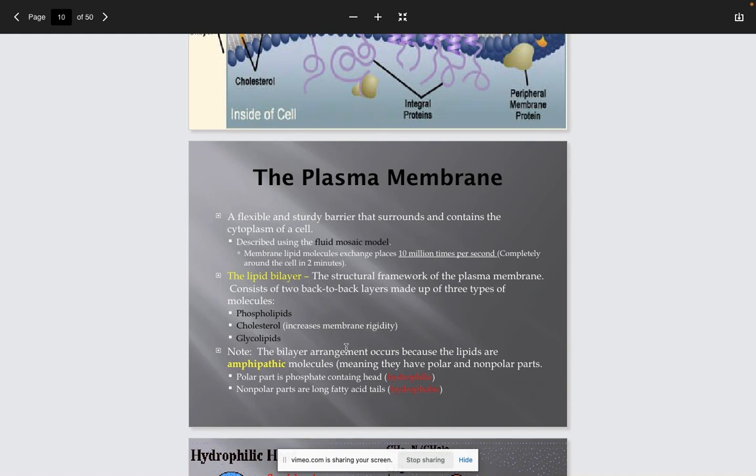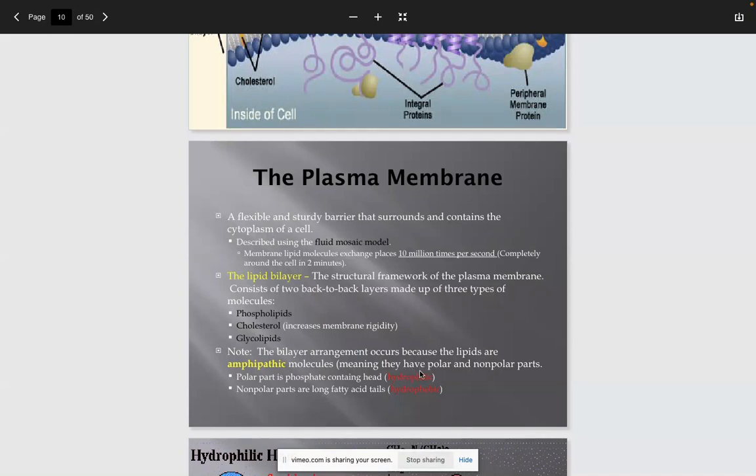Note, the bilayer arrangement occurs because the lipids are something called amphipathic. Amphipathic. That is because the polar part is phosphate containing, that is hydrophilic. I want you to think of phil meaning an affinity for, and hydro meaning water. So it has an affinity for water, right?